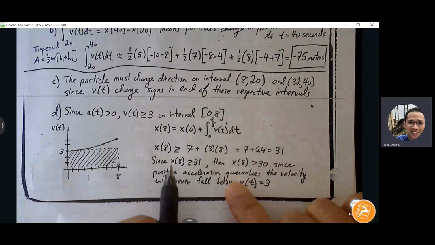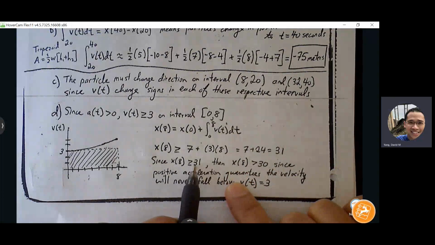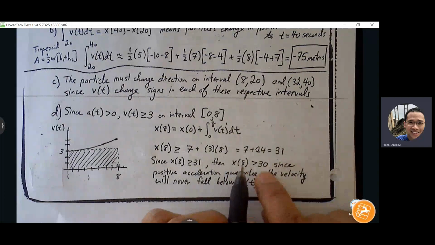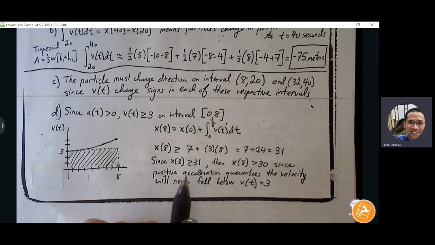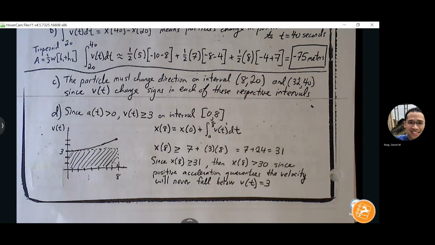Okay, so since x of 8 is greater than or equal to 31, then we know for sure that our position is greater than 30 since positive acceleration guarantees the velocity will never fall below v of t equals 3, right? That positive acceleration is guaranteeing that my velocity graph is always rising, and I know the area under the velocity is my displacement. And my worst case scenario is better than what my restriction is.